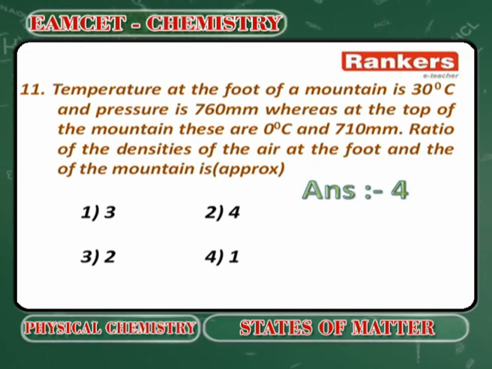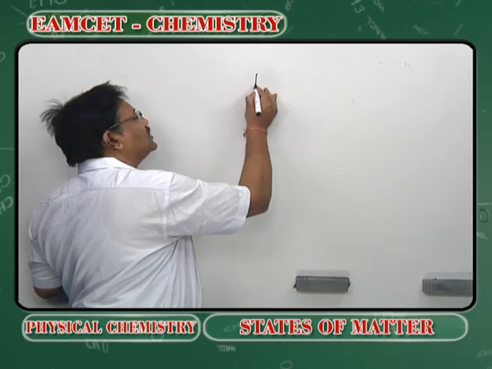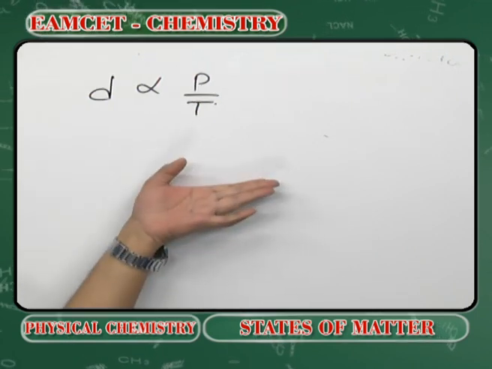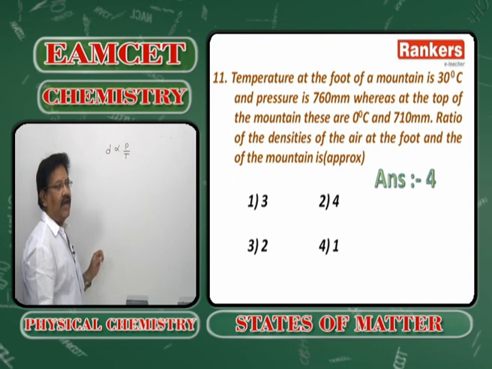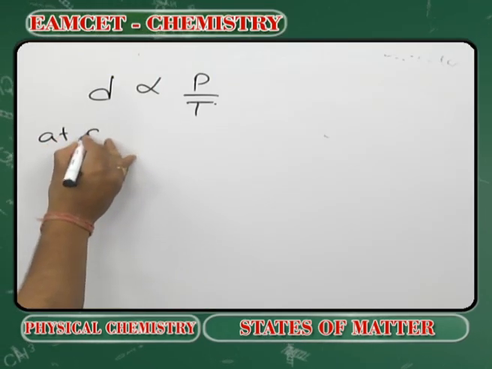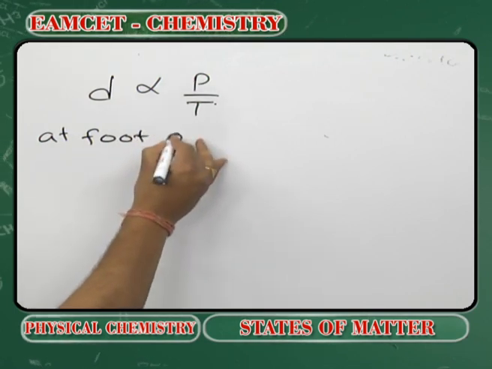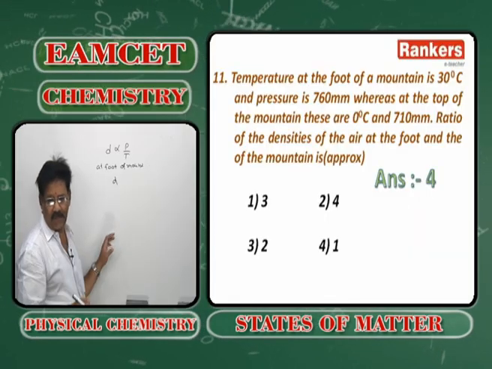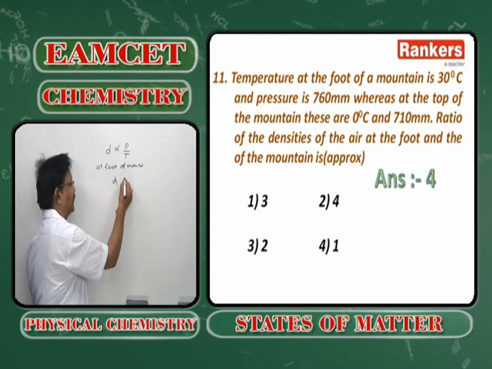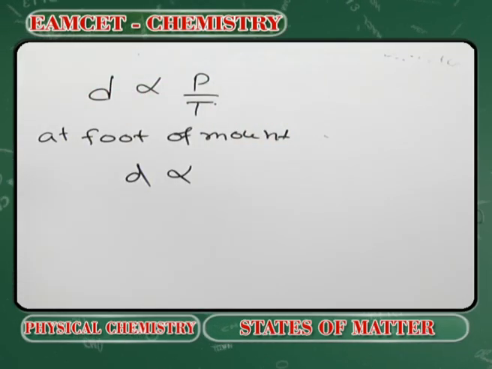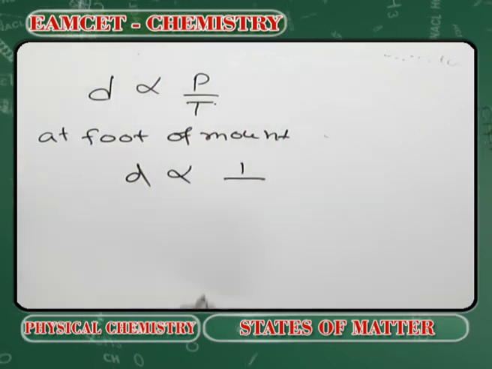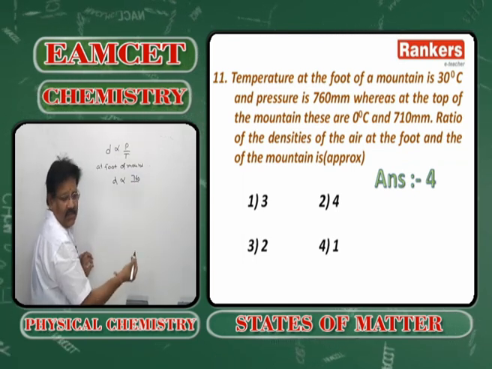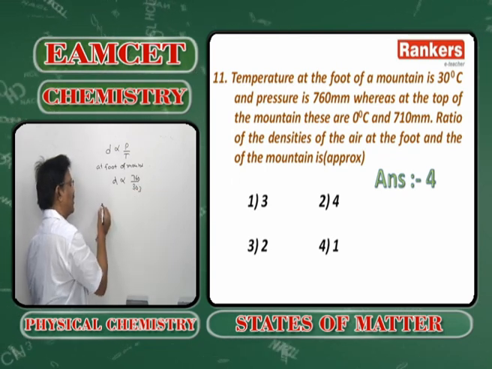We know that D is proportional to P by T. For a given gas, D is proportional to P by T. At the foot of the mountain, D is proportional to 760 mm. 760 mm means 1 atmosphere. 760 mm by, what is the temperature? 303.